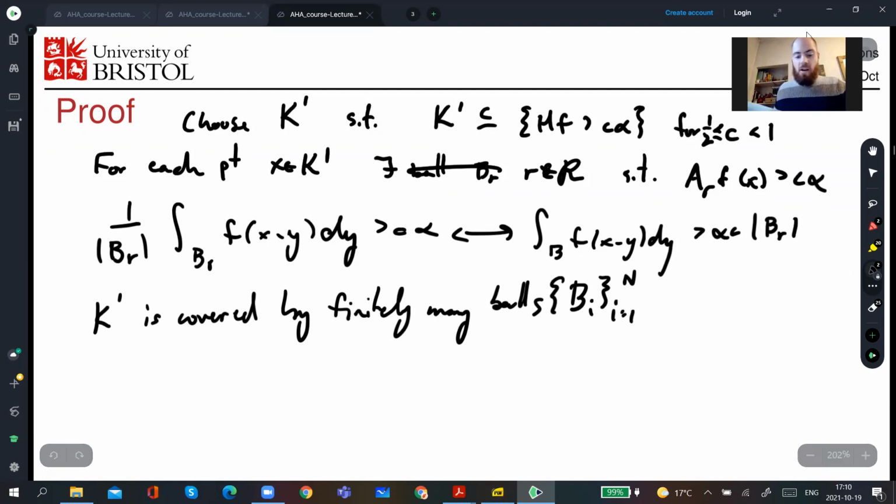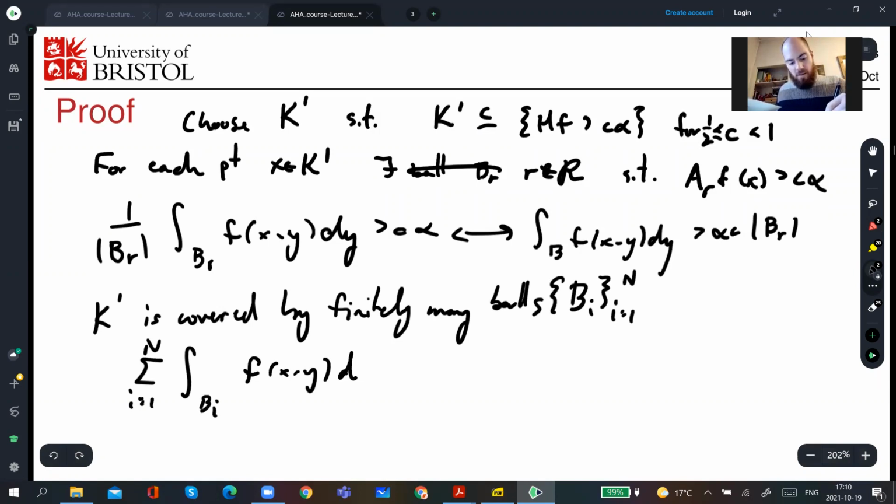And so you might just think, at this stage, I just do the integral over the sum over the balls of f of x minus y dy is greater than alpha c times the sum over the balls B_i.